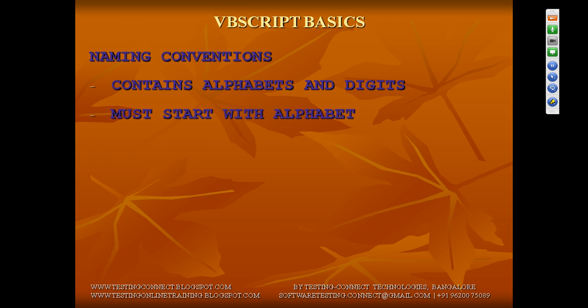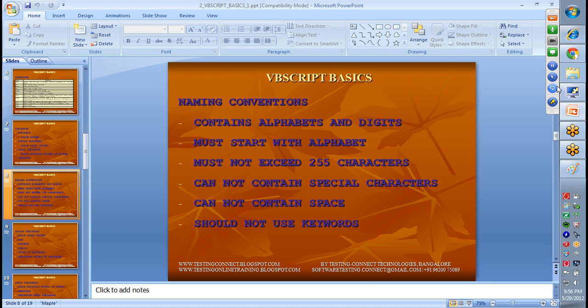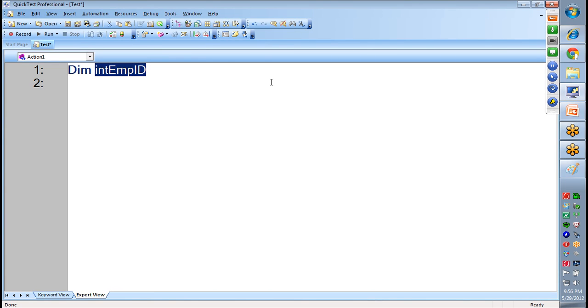Here you are mentioning alphabets and digits, but you cannot give a name like zero name. Name one you can give, but one name you cannot. The variable name can be like name one, but not like one name. That one it will take as invalid.